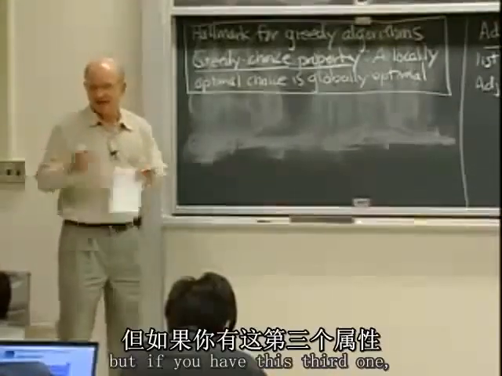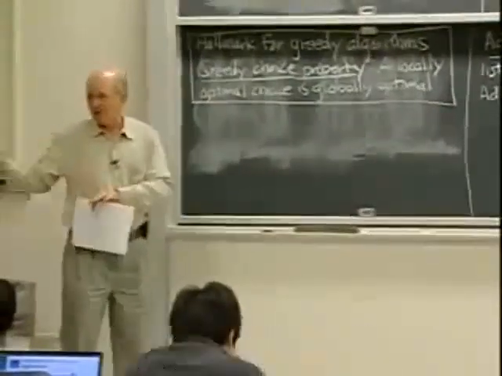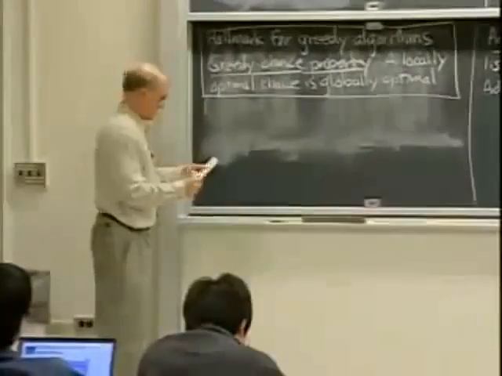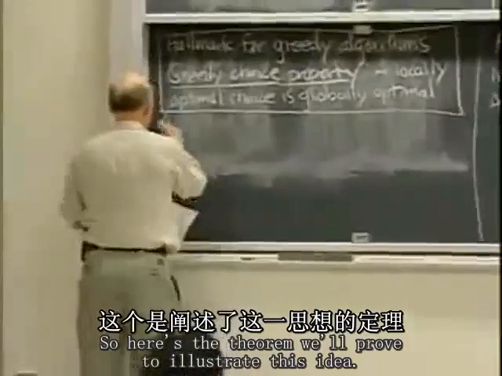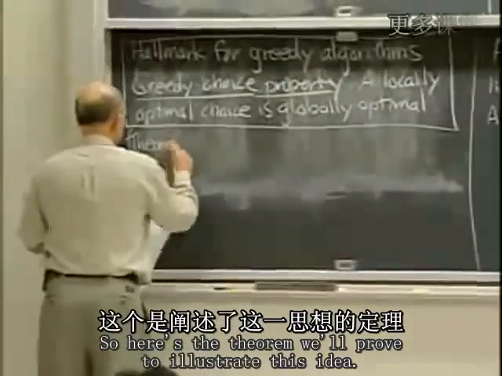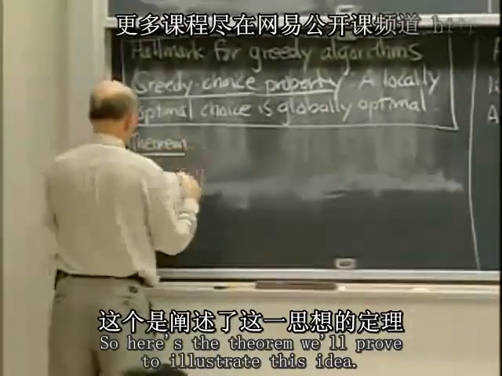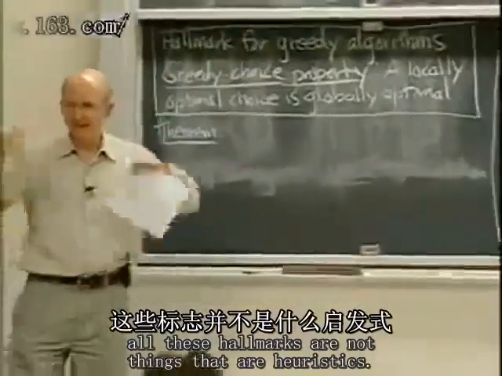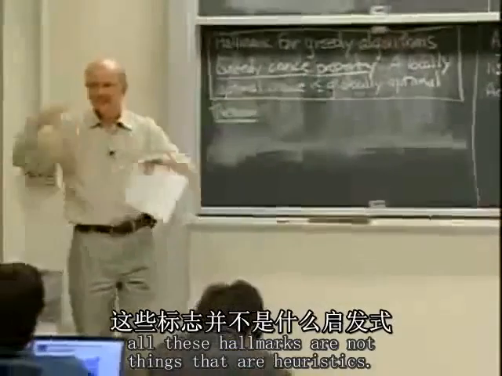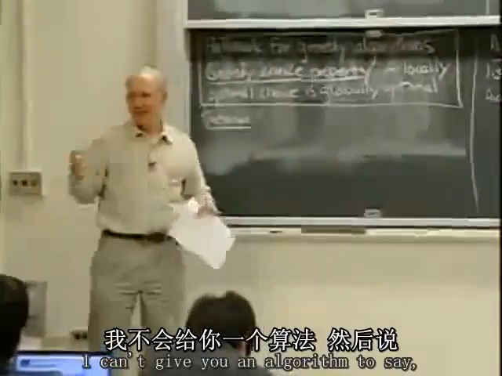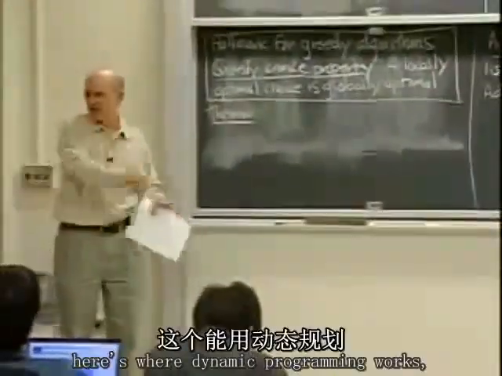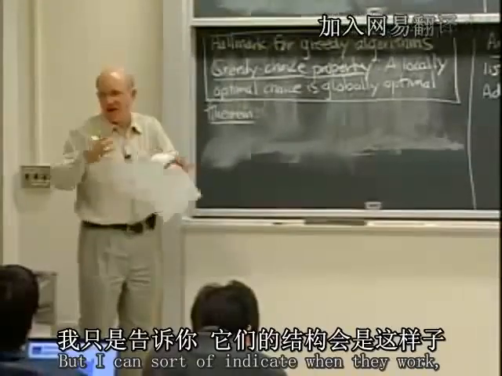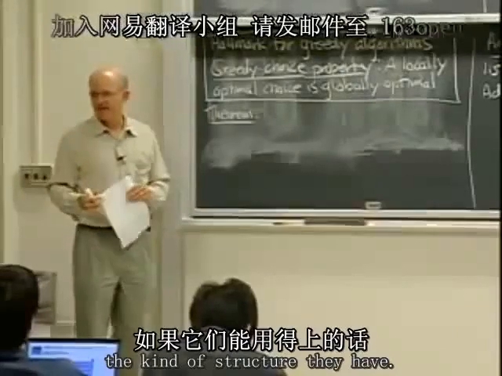But if you have this third one, it's like, whoa, jackpot. So here's the theorem we'll prove to illustrate this idea. Once again, all these hallmarks are heuristics. I can't give you an algorithm to say, here's where dynamic programming works, or here's where greedy algorithms work. But I can sort of indicate when they work, the kind of structure they have.